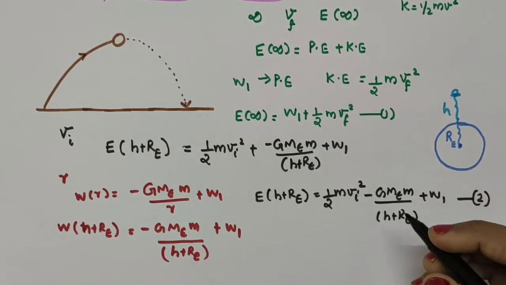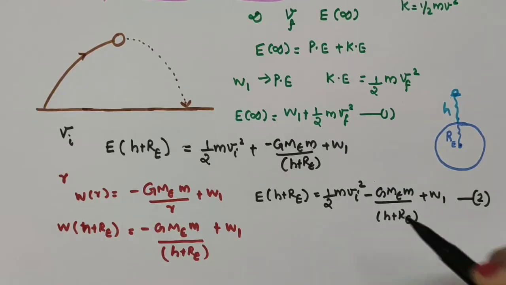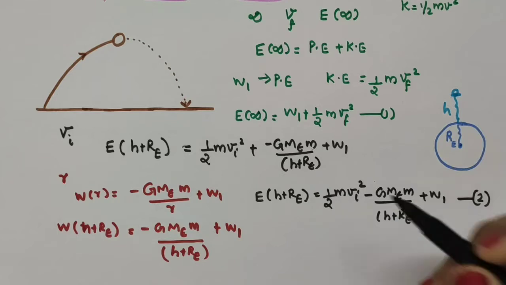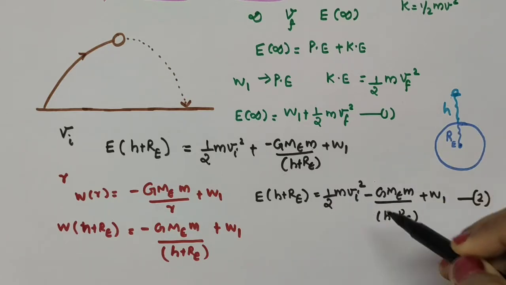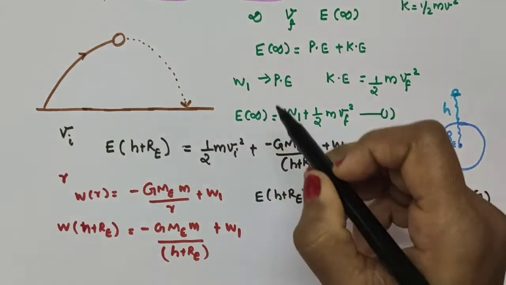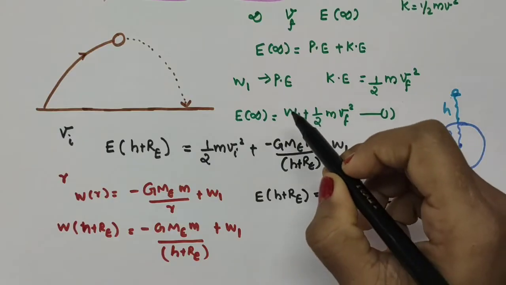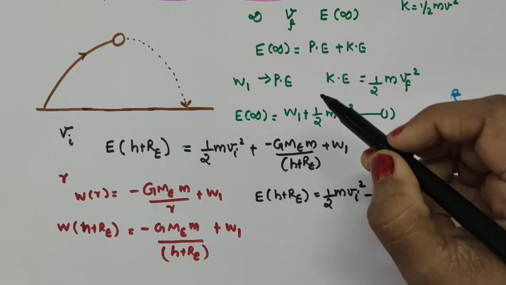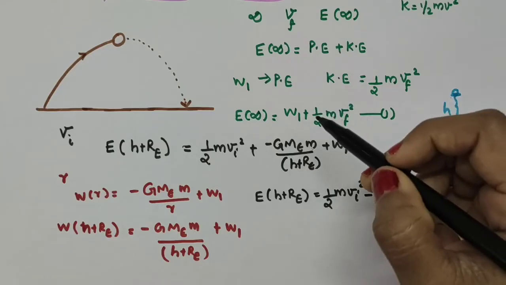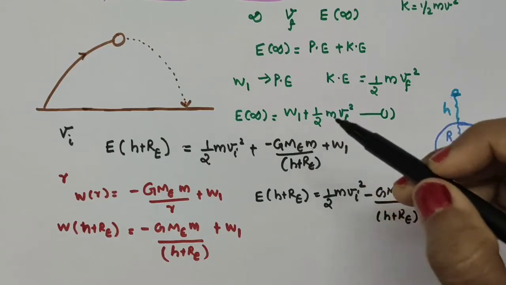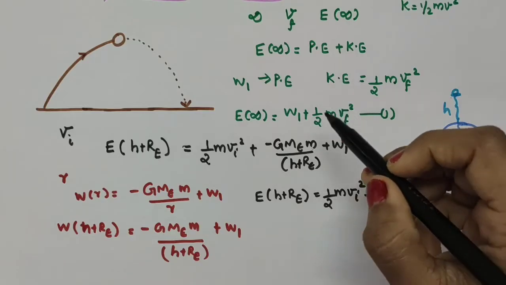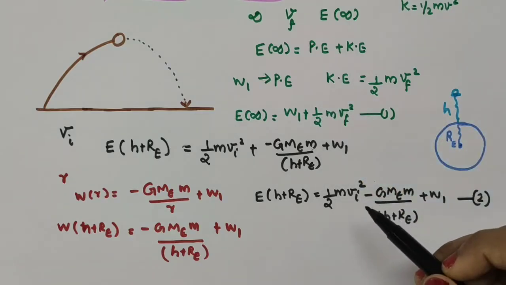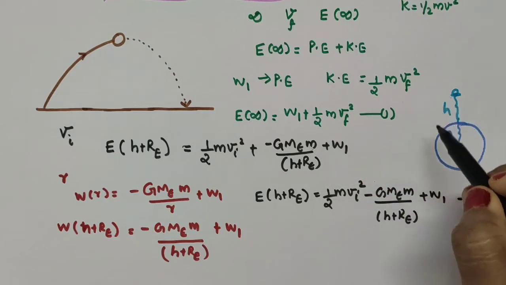Now, by the principle of conservation of energy, the total energy is conserved. That is, the total initial energy will be equal to the total final energy. So we can equate the energy of the object at infinity to the energy of the object when it was at h plus re.